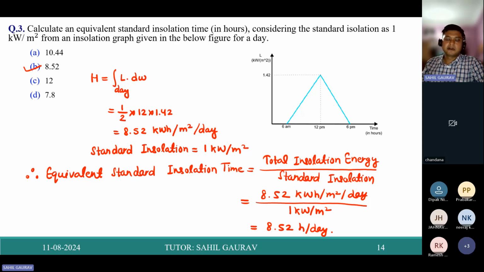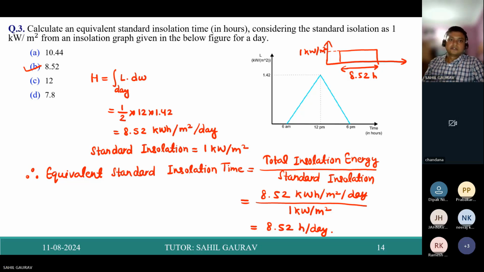Now, if we want the same amount of insolation energy from a standard insolation of 1 kilowatt per meter square, then the equivalent time is 8.52 hours. So for a standard insolation of 1 kilowatt per meter square, these 8.52 hours will provide the same amount of insolation energy.